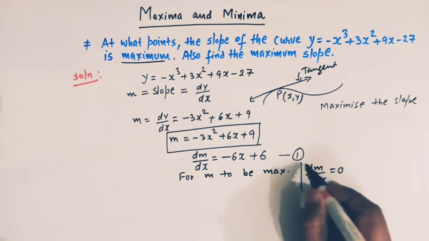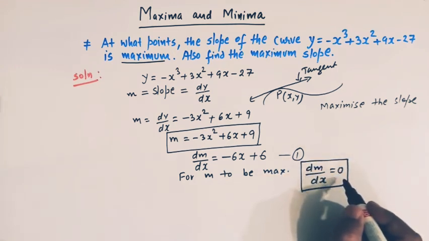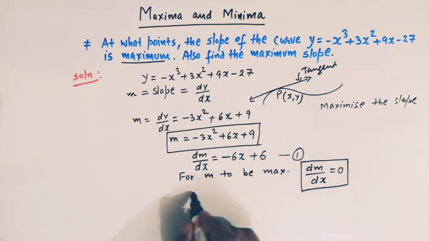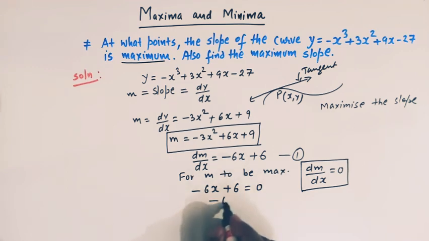Because for the stationary points, the derivative should be equal to 0. So we have -6x + 6 = 0, and if we solve it, then we get -6x = -6, and x is equal to 1.